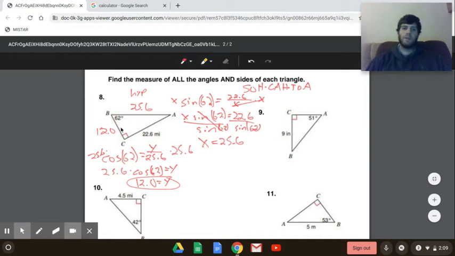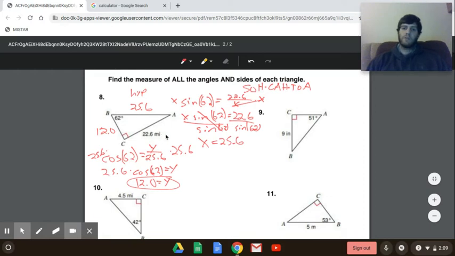So inverse sine of 12 divided by 25.6. We could do the inverse cosine of adjacent over hypotenuse. So inverse cosine of 22.6 over 25.6. Or we could do inverse tangent of 12.0 divided by 22.6, opposite over adjacent.